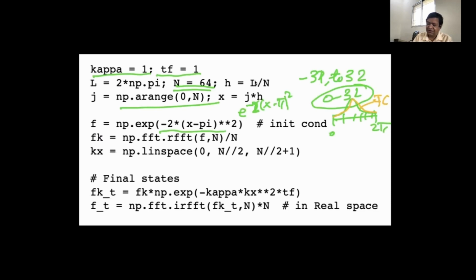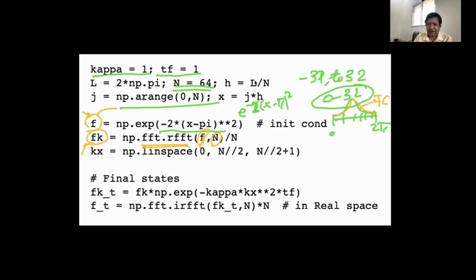Now I need the initial fk, right? For my program, I use f and fk as my variables: there's a real space and a Fourier space. So for fk, what do I do? I just use Python's RFFT. I plug in f as one argument, with n, and I get fk.